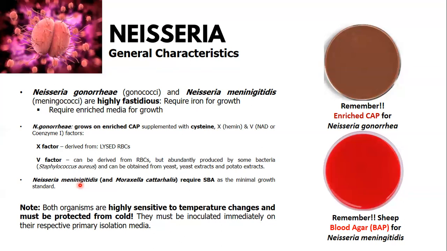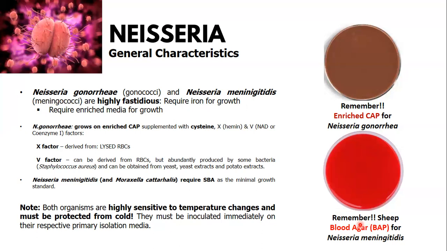But as I emphasized earlier, if specimens are not contaminated with normal microbiota, and if that specimen is submitted for the isolation of Neisseria meningitidis, then sheep blood agar plates would already suffice as the minimal growth standard. So remember, enriched chocolate agar is for the growth of Neisseria gonorrhoeae, while sheep blood agar plate is the minimal growth standard for Neisseria meningitidis.